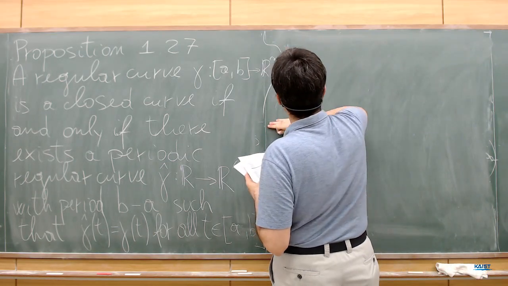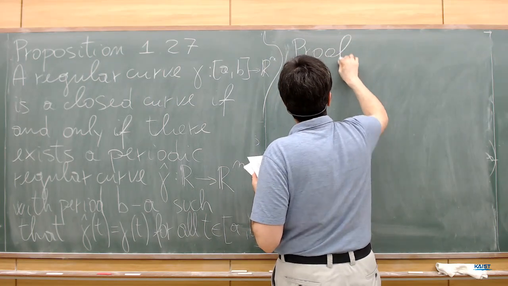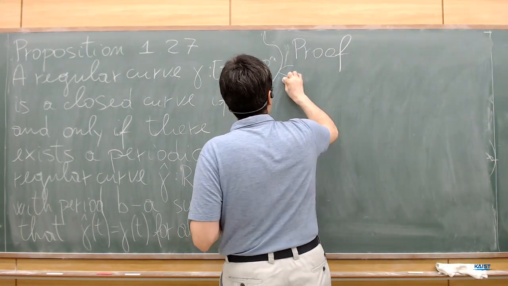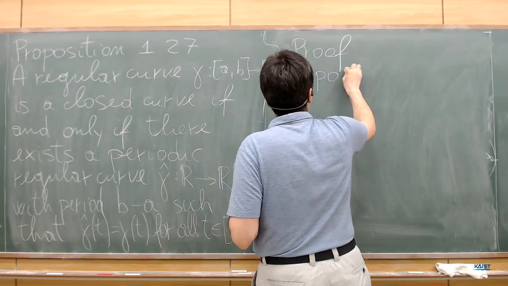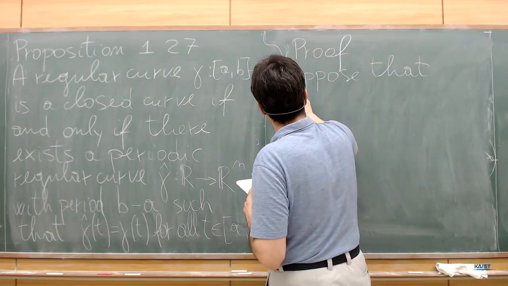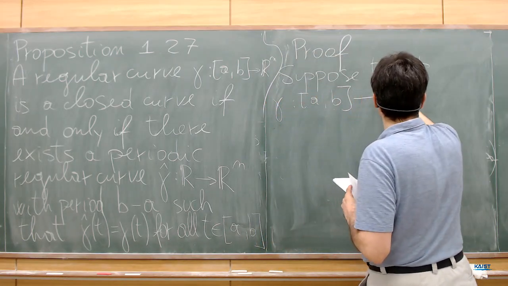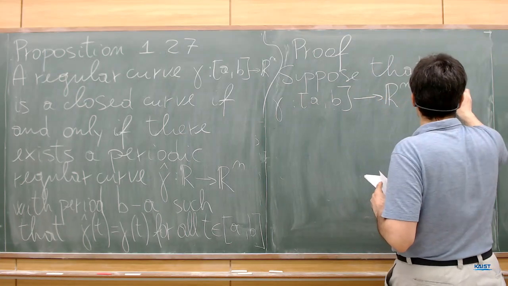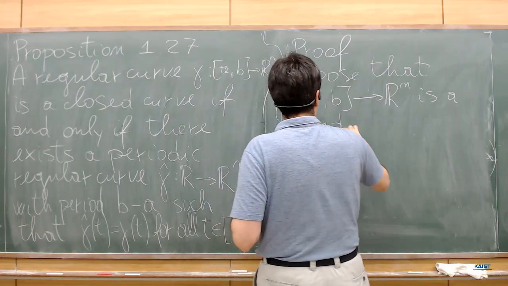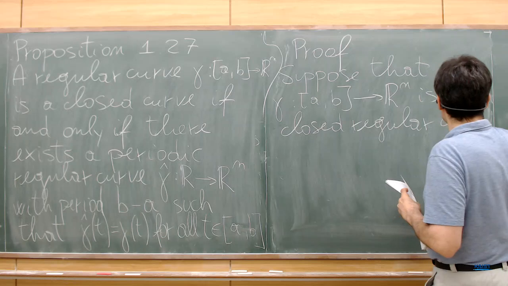Okay, let's prove this. Suppose that gamma from A to B with values in Rn is a closed regular curve.